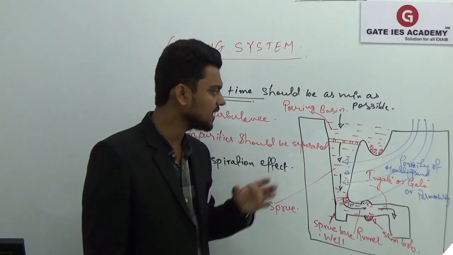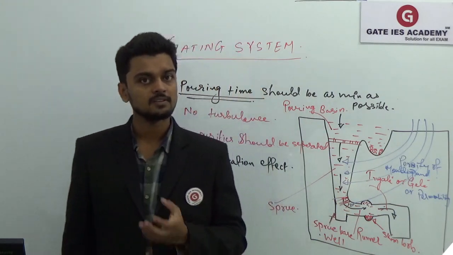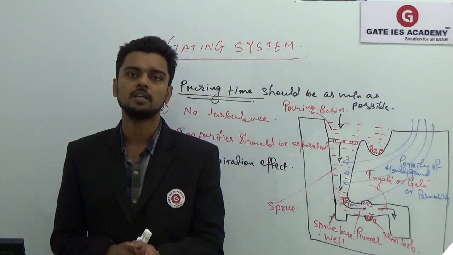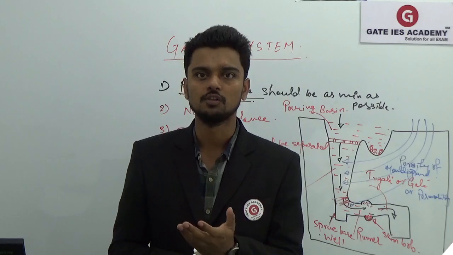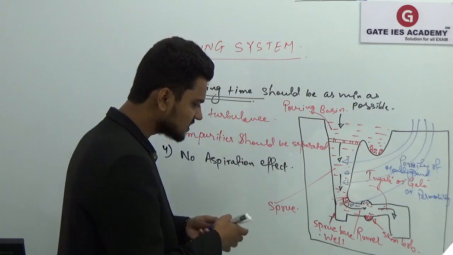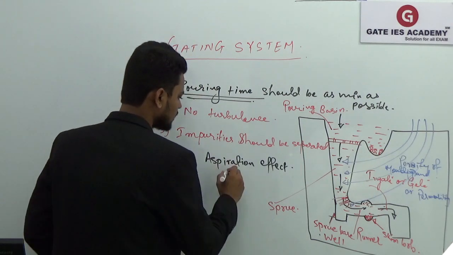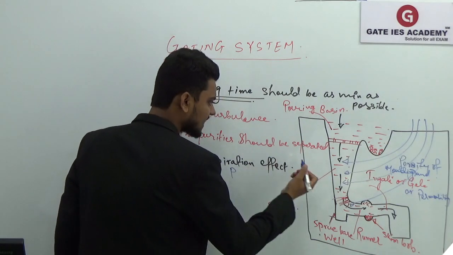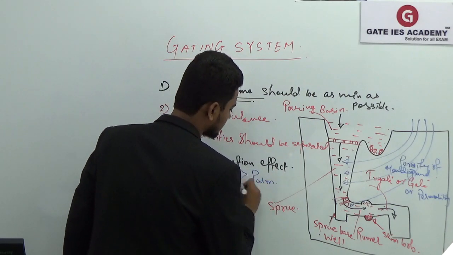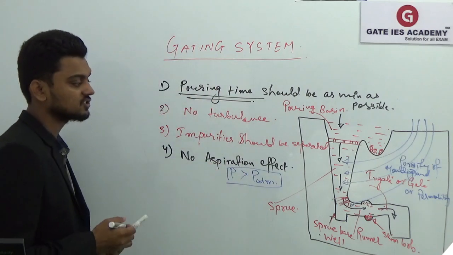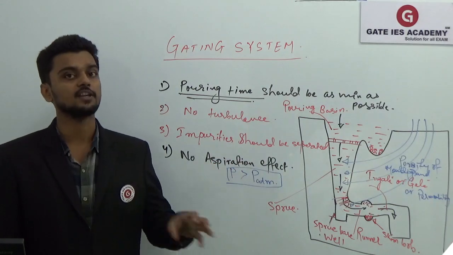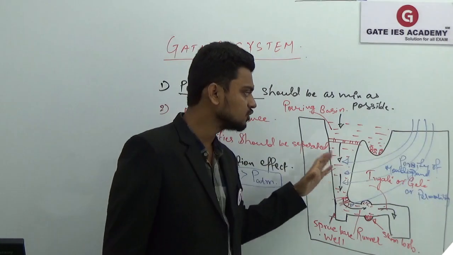Once there is air inside your gating system, this air present with the molten metal will cause blowholes in your casting. That is why the pressure P inside the gating system should be greater than atmospheric pressure. The pressure inside your gating system should not fall below atmospheric pressure in order to avoid the aspiration effect, that is, to avoid air in your gating system.